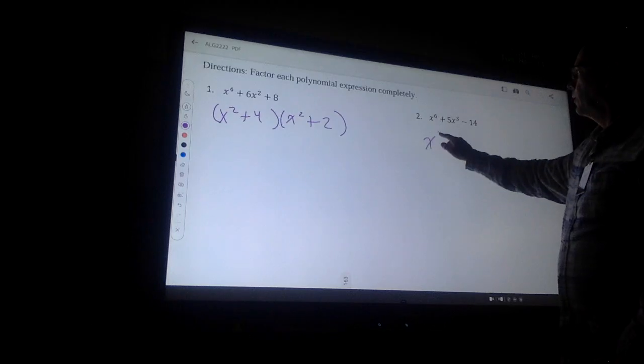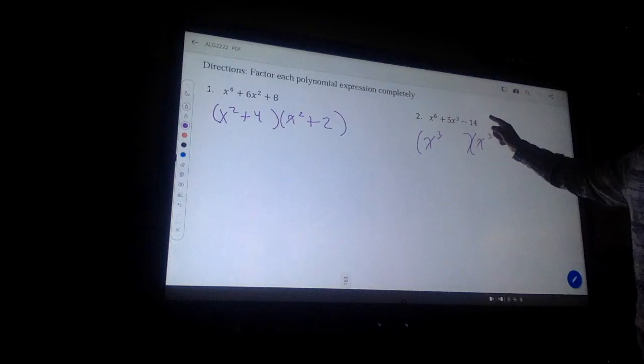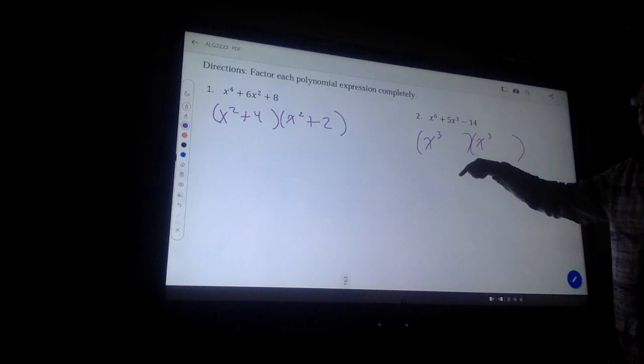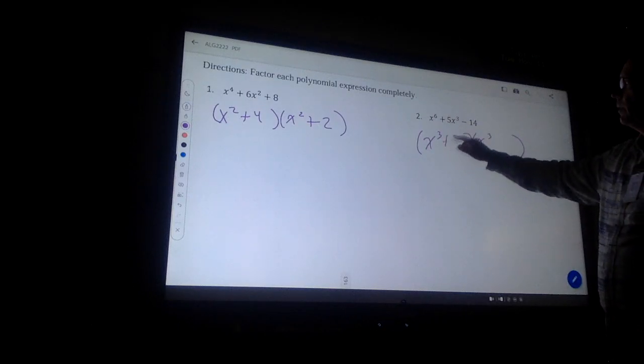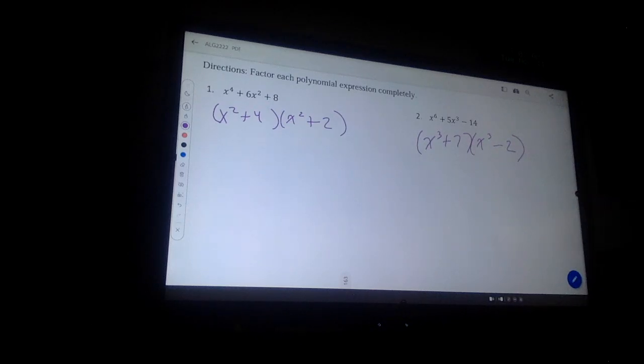On this one, I'm going to do x to the third and x to the third. What two numbers multiply to give me negative 14 and add to give me positive 5, so that's going to be a plus 7 and a minus 2. Neither of those are sum or difference of two cubes.